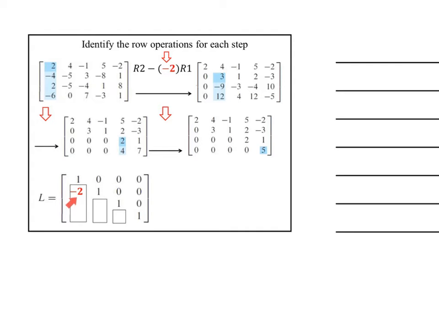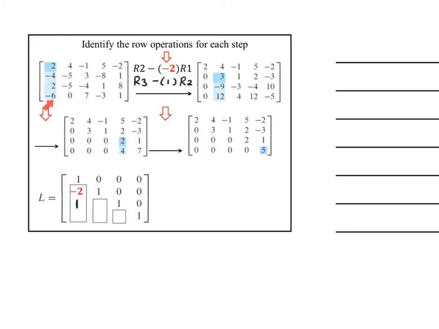It goes to the corresponding entry in my matrix L. So that's my negative 2. Similarly, in order to eliminate this 2, I'll have to do row 3 minus 1 times row 1. So I know the next entry will be 1.